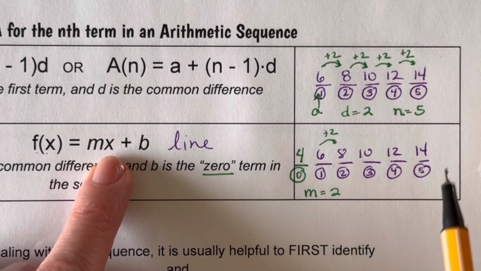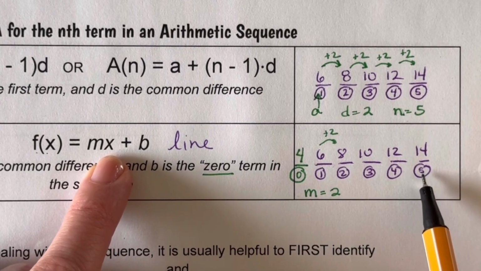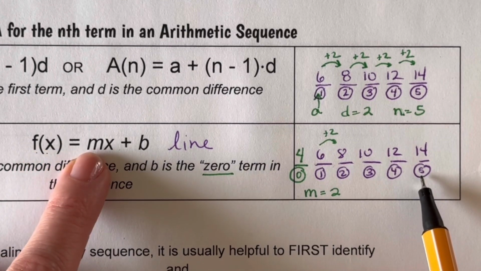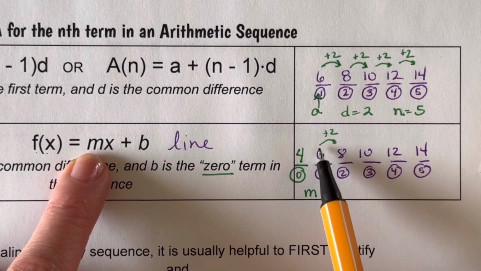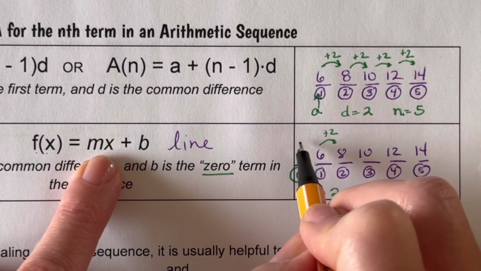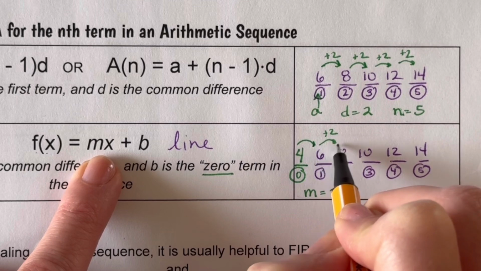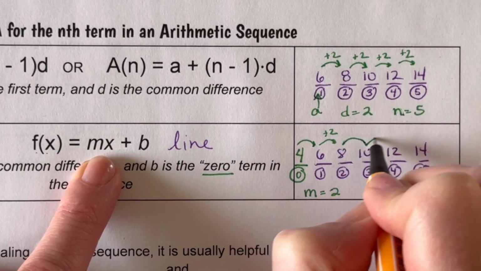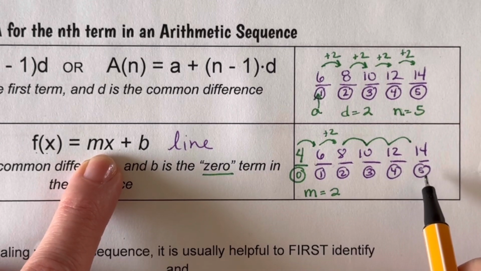So according to this, if I want to describe my 5th term, for example, f of 5, my input of 5 would be 2, how many jumps? Well, I have 5 jumps. That gets me my 1 jump, 2 jumps, 3 jumps, 4 jumps, 5 jumps.